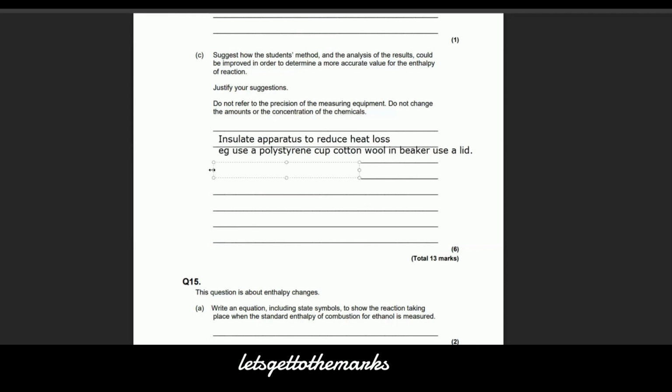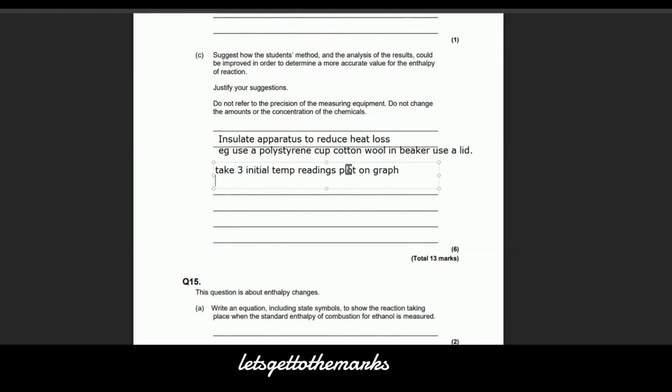Rather than just taking an initial temperature and then the final temperature, we should take several initial temp readings. I probably should give a number there because sometimes they get funky about the word several. So I'm going to say take 3 initial temp readings, plot on graph.